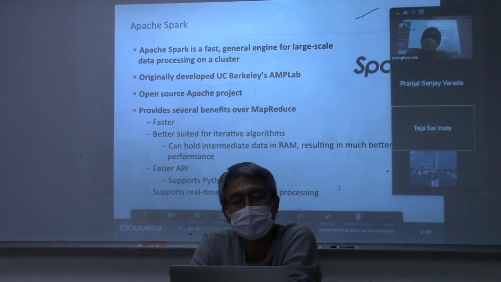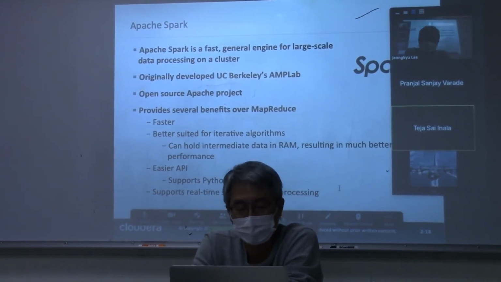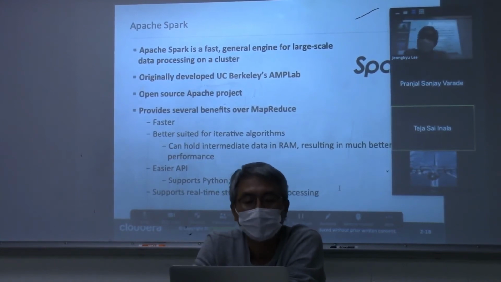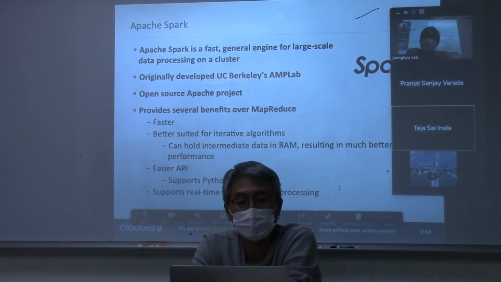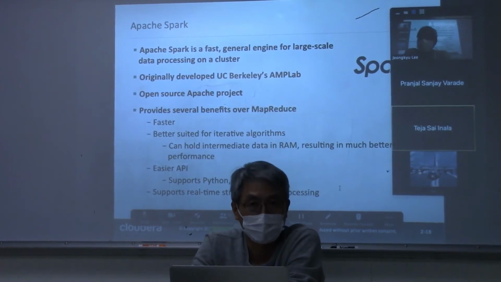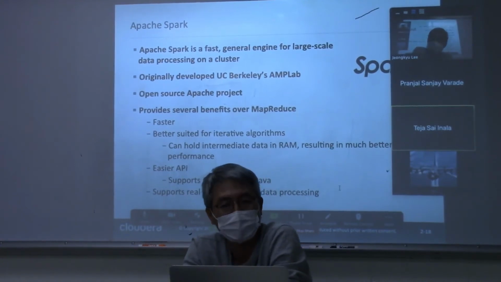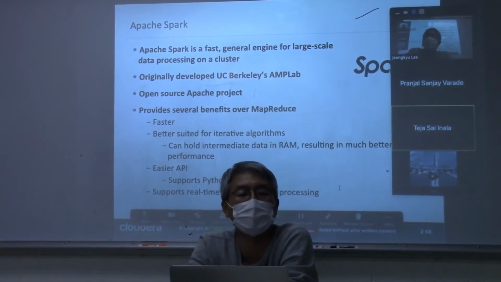For data processing, I'm going to quickly introduce Spark, and it's also very, very important. But in this class we are not going to cover Spark. If you are interested in big data processing, today I'd like to introduce MapReduce, but you should also know about Spark. Apache Spark is faster and generic, a general-purpose query engine for large-scale data processing on a cluster.